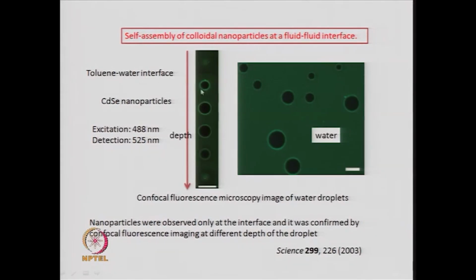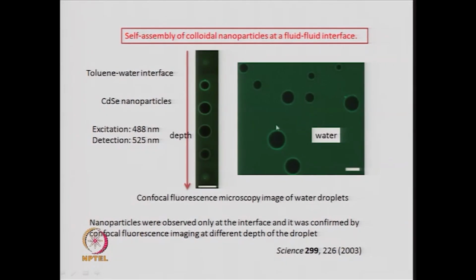So, if you see these circles, more clear here, you can see that green emission is coming from the 525 nanometer emission from the cadmium selenide nanoparticles, which are at the interface of the toluene and water.